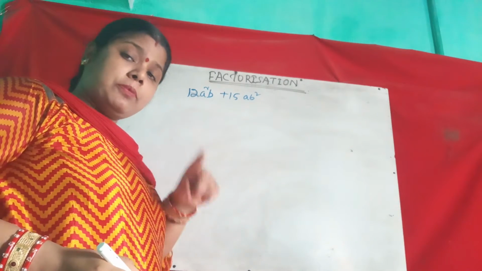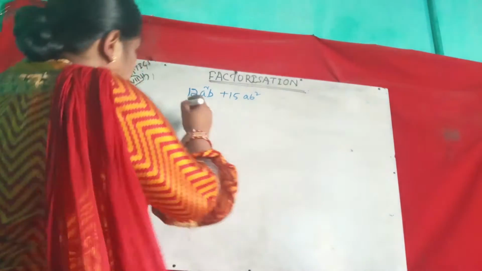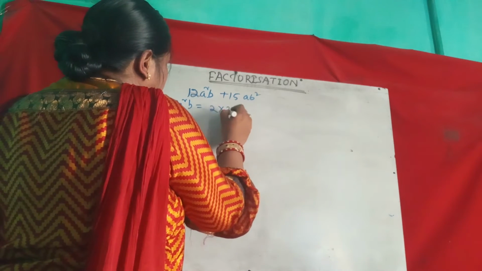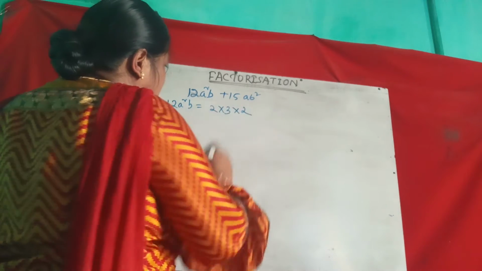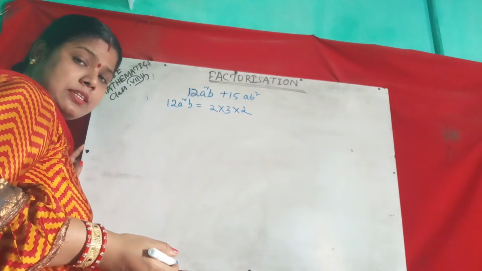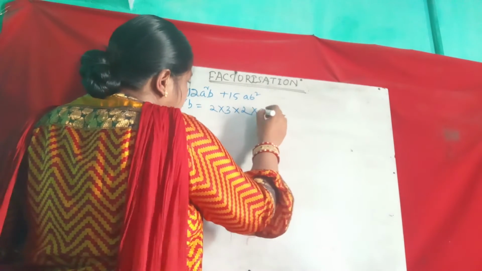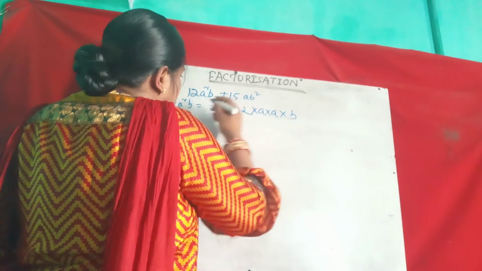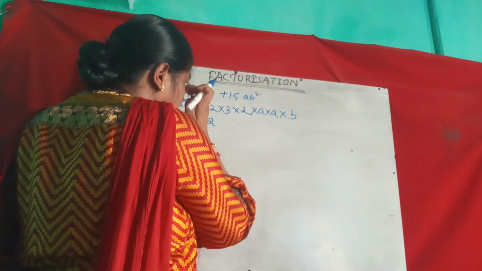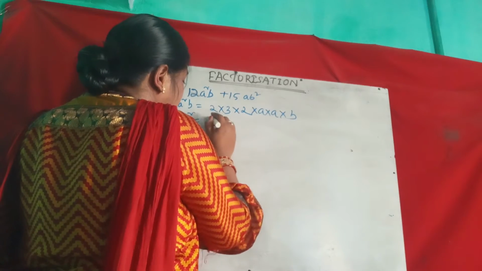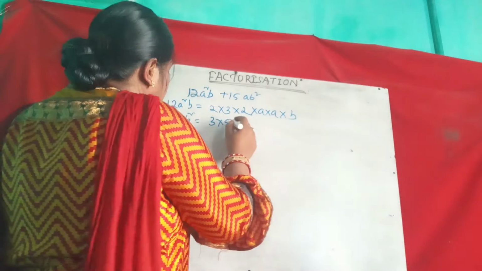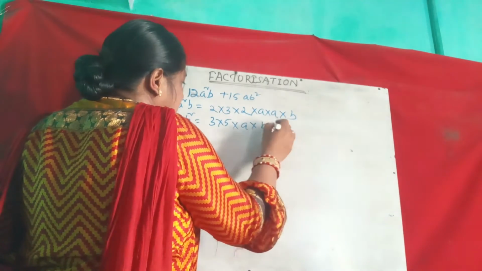So you find the common factors first. 12a square b means 2 into 2 into 3 into a into a into b. 15ab square means 3 into 5 into a into b into b.